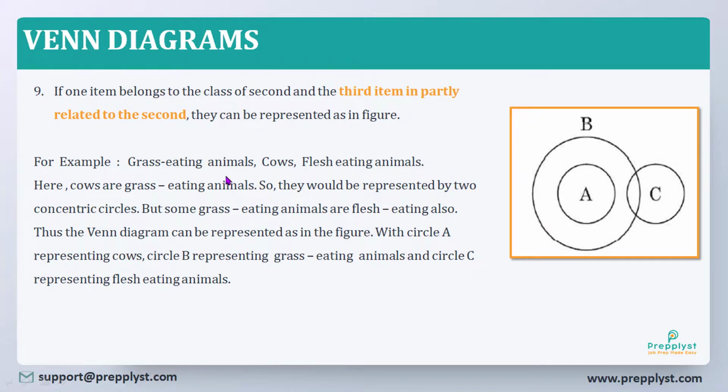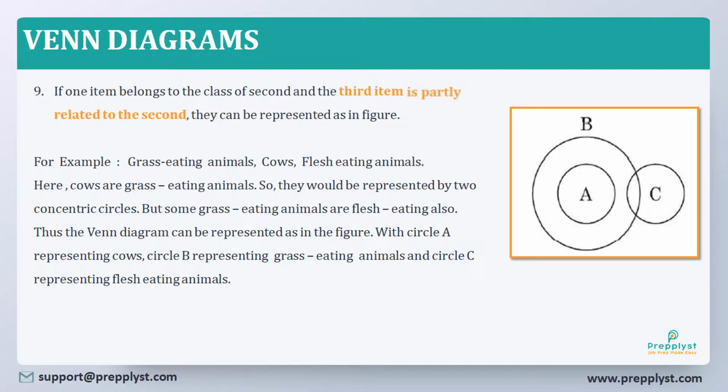Let's take another example. If one item belongs to the class of second and third item is partly related to the second, they can be represented as, so as you can see, you have circle A which represents cows, and then you have circle B which represents grass eating animals. So all the cows are grass eating animals, but there are other grass eating animals also.